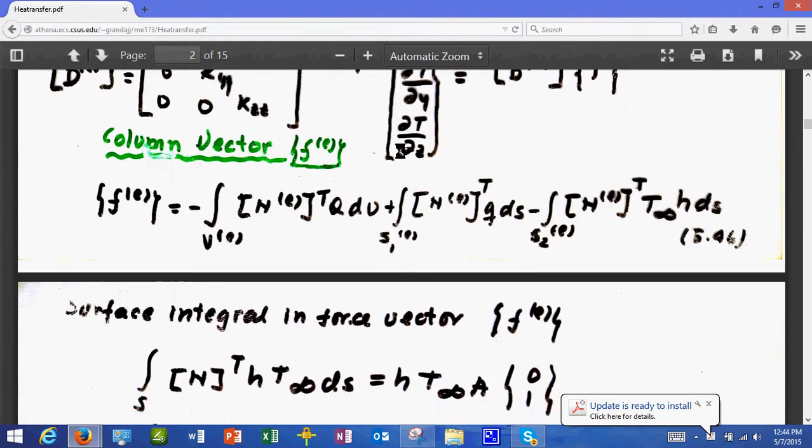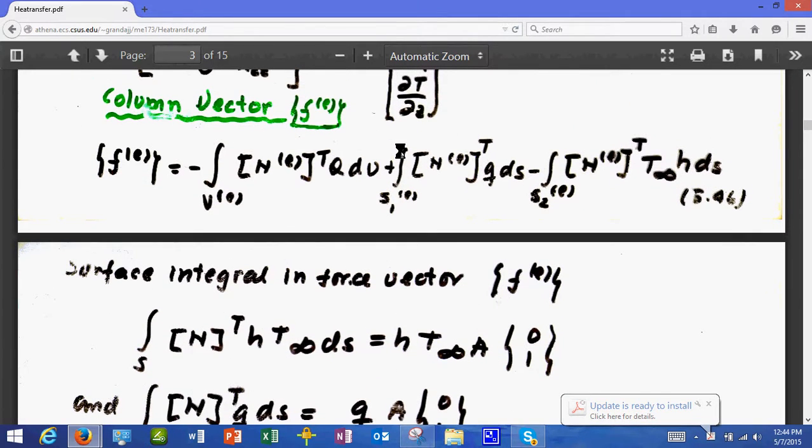And then you have, in this case, this vector in here that accounts for convection as well as for conduction and heat transfer.